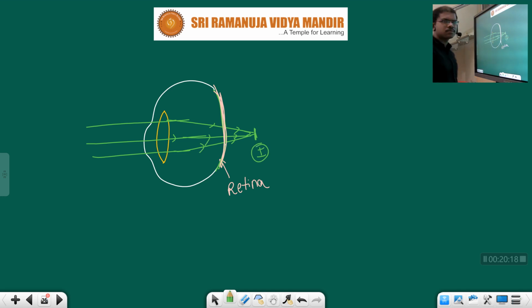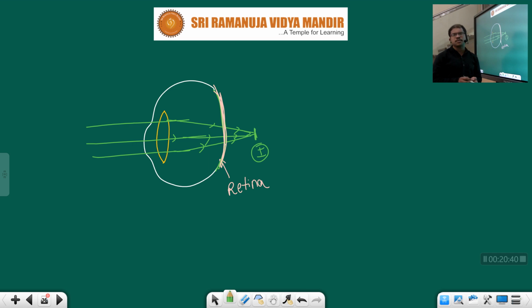How can the retina capture that image, children? The image should fall on the retina, then only it can capture it and it can be transmitted through rods and cones, and further to the optic nerve, and further it is connected to the brain. But that image is falling at the back of that retina.